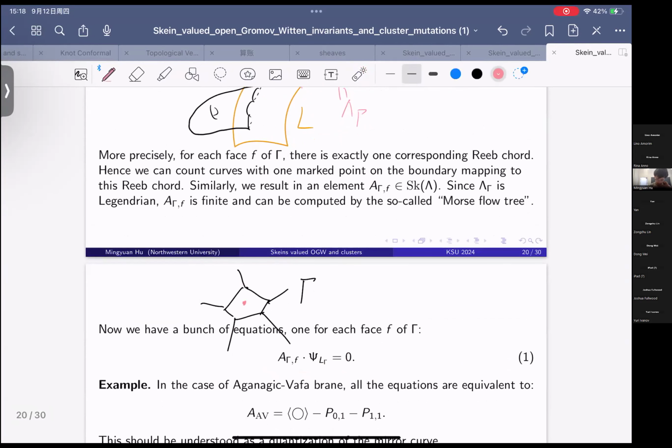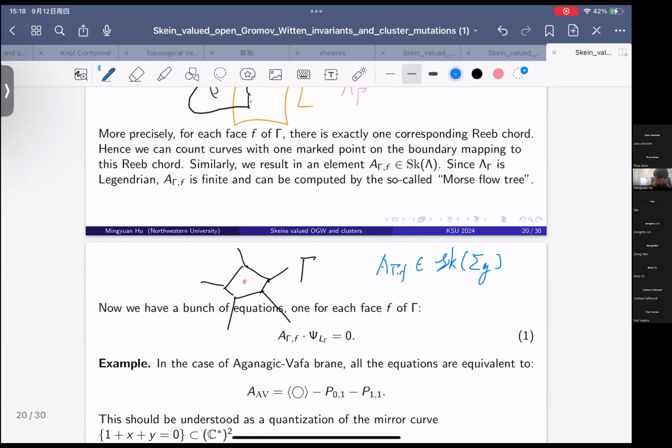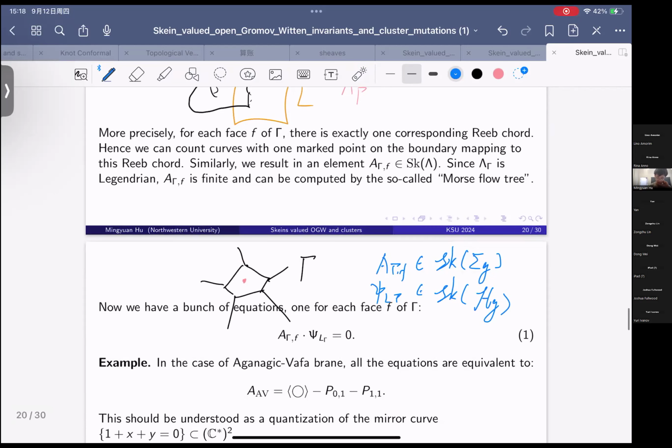Recall that, sorry, let's use black and blue. A gamma F lives in the skein module of sigma G, and psi gamma lives in the skein module of H g. Sigma G is a surface and H g is a handlebody, and there's an action. This dot means an action.